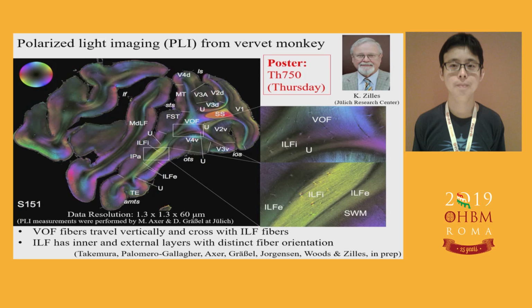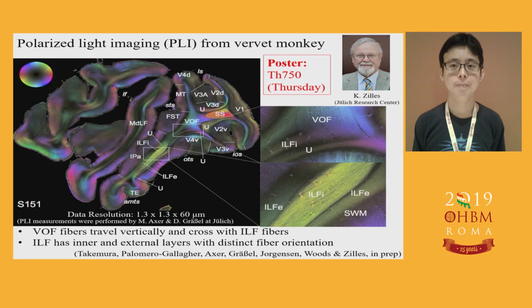This is data using polarized microscopy to measure fiber orientation in the white matter, which you can see in the color coordinates here in the sagittal section of the bearded monkey. It is very high resolution, at micrometer scale in-plane. As you magnify this area, you can see the VOF fibers coming down and ILF fibers from the inferior occipital gyrus; they cross each other, then exist as distinct bundles.